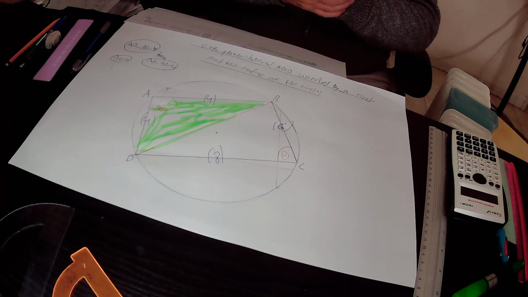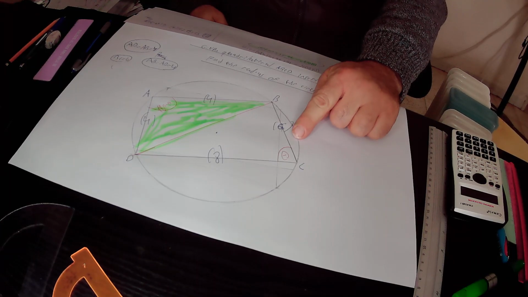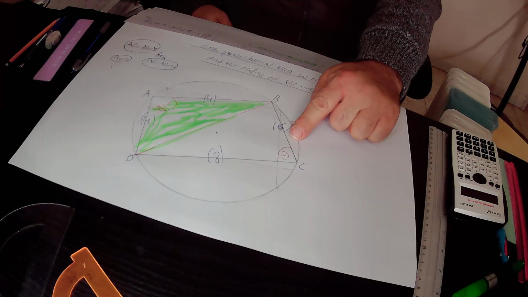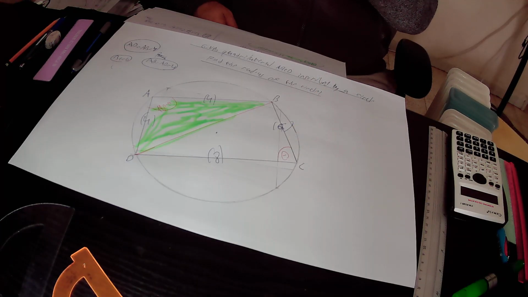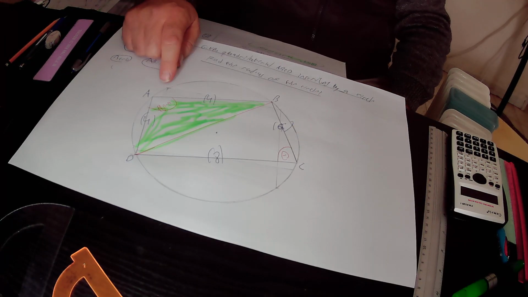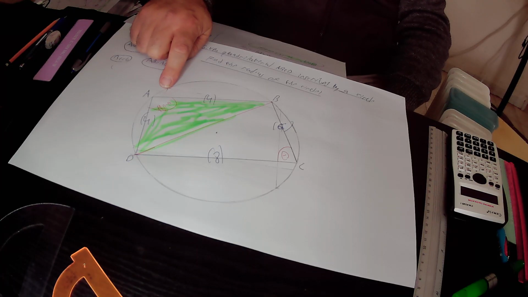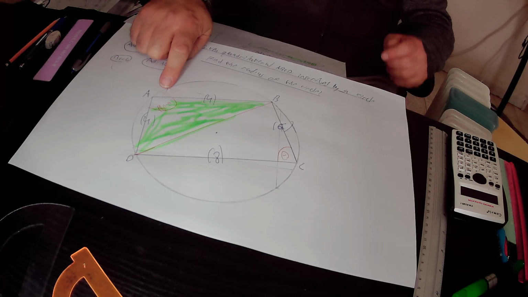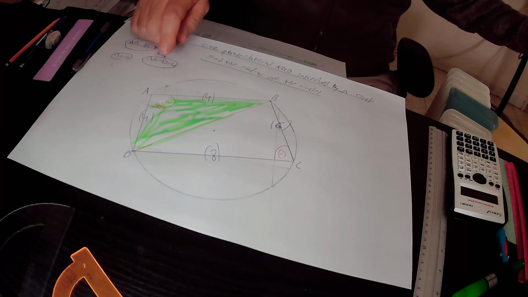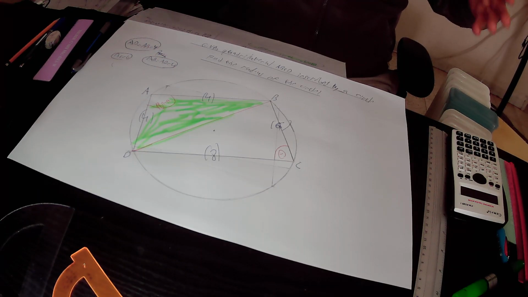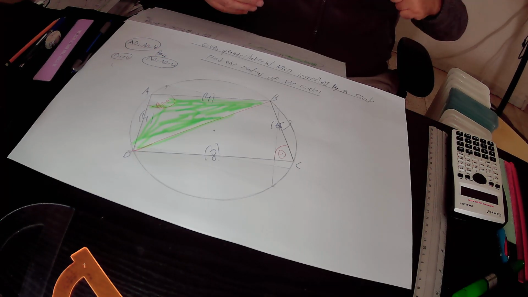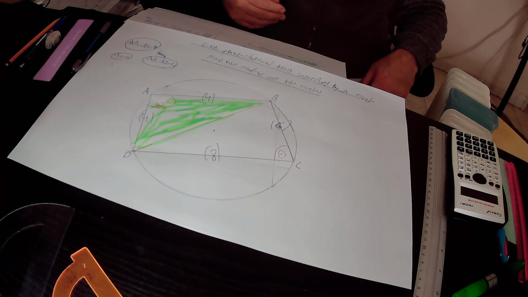But first of all, we define angle BCD as theta, and therefore the opposite angle must be equal to 180 degrees minus theta. Why? Because 180 degrees minus theta plus theta equals 180 degrees. That is the sum of the opposite angles in any cyclic quadrilateral, according to rule 7.